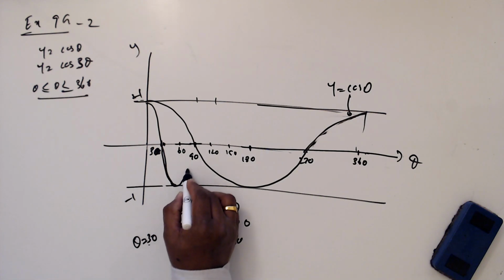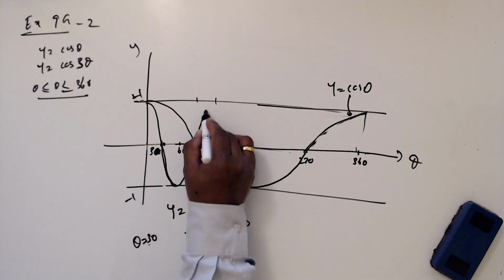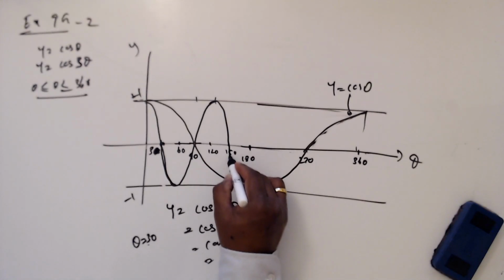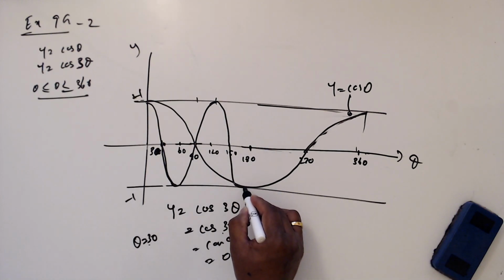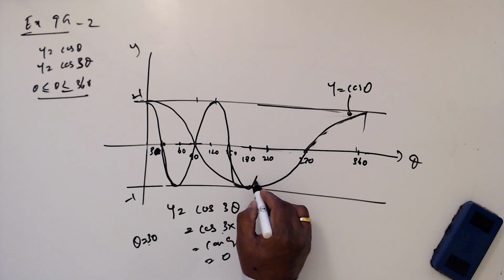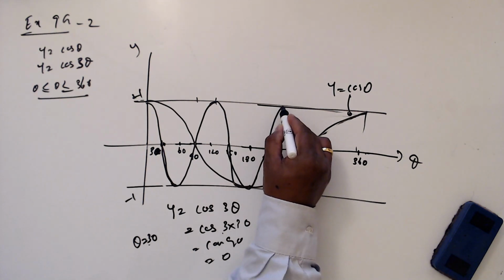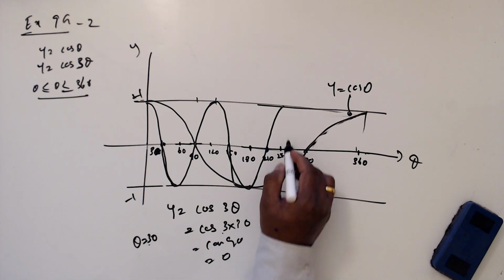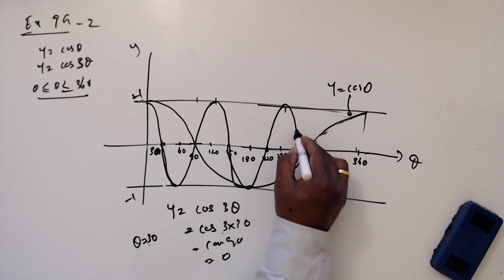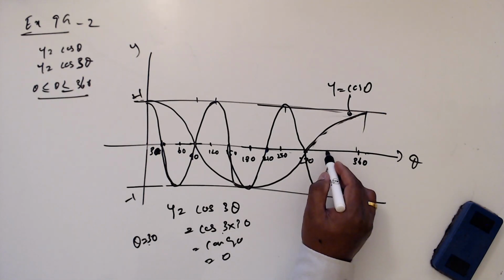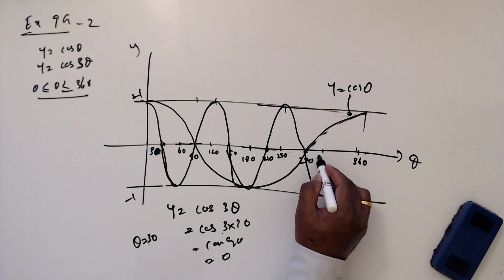Then it will go through like this and go up to here, and 120, 150, 180. It will come to 180, then 210, going through 210, and this is 240, and then 270, and 270 plus 30, 300.